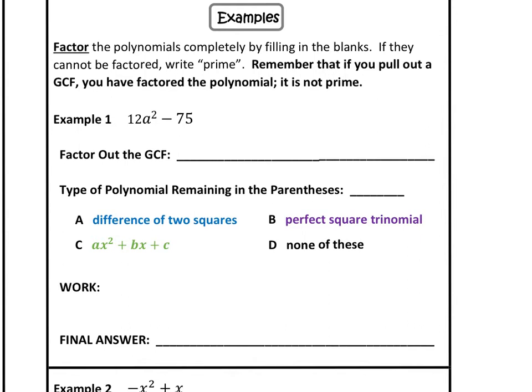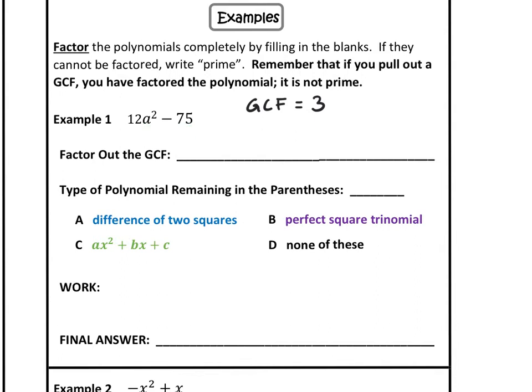So let's factor out the GCF. Let's identify the GCF. What number can divide 12 and 75? Looks like they can both be divided by 3. Do they have any A's in common?